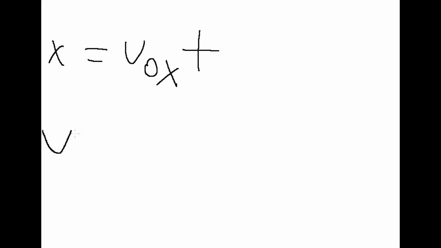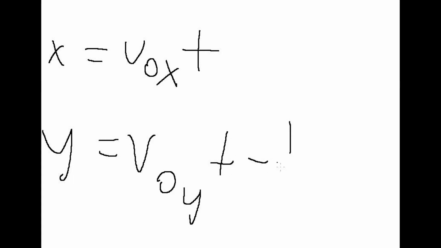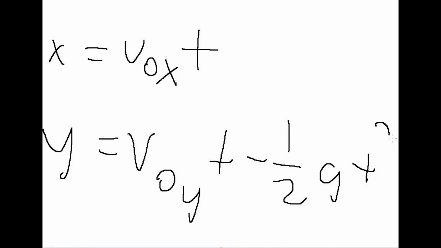The two motions can be expressed in these two equations, where x is equal to v subscript 0 subscript x times t, which is time, and y is equal to v subscript 0 subscript y times t, minus 1 half times g, being gravity, times t squared.